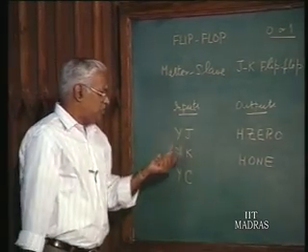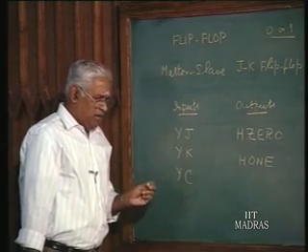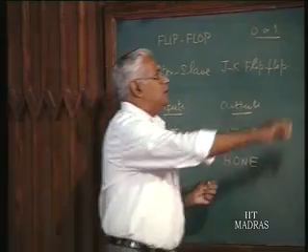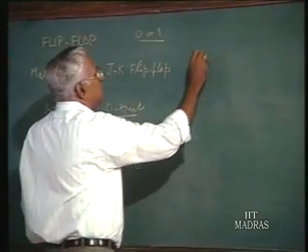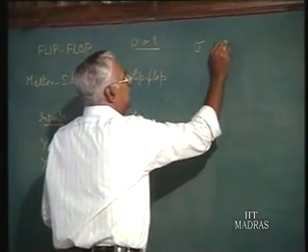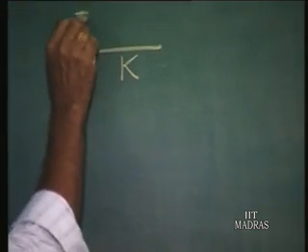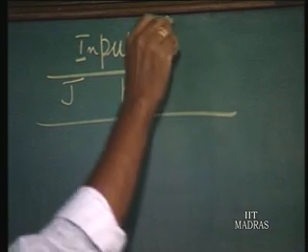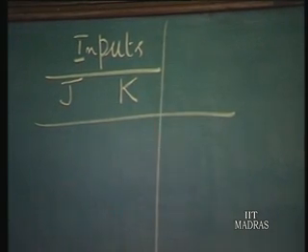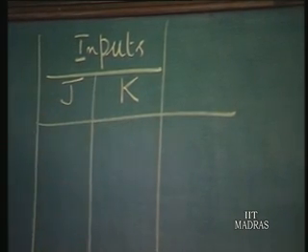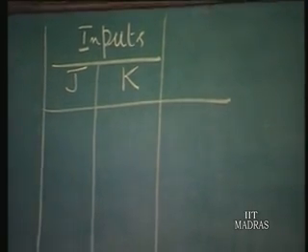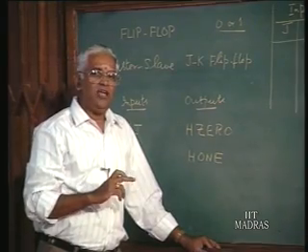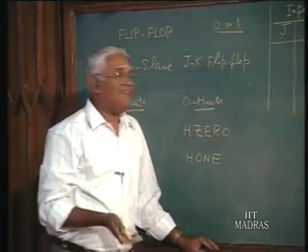You may be knowing about this JK flip flop. I'll just briefly tell what it is. Now J and K are the inputs I said. And then the output will depend on the state of these, as well as in the case of a flip flop you have to also take into account what was the previous state, and depending on the input what is the next state.